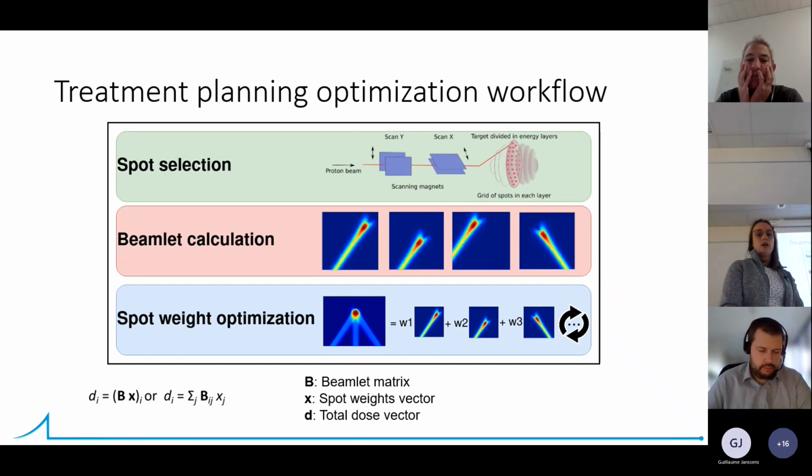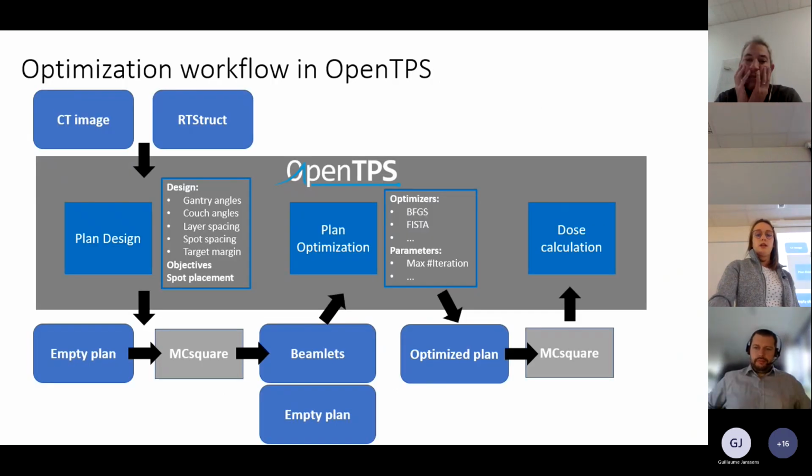And so in the equation, this is what we have here in the left down corner. We have the total dose in a voxel i, which is the vector product here. And so the idea is that we need to optimize the spot weights so that the resulting total dose will correspond to the clinical dose.